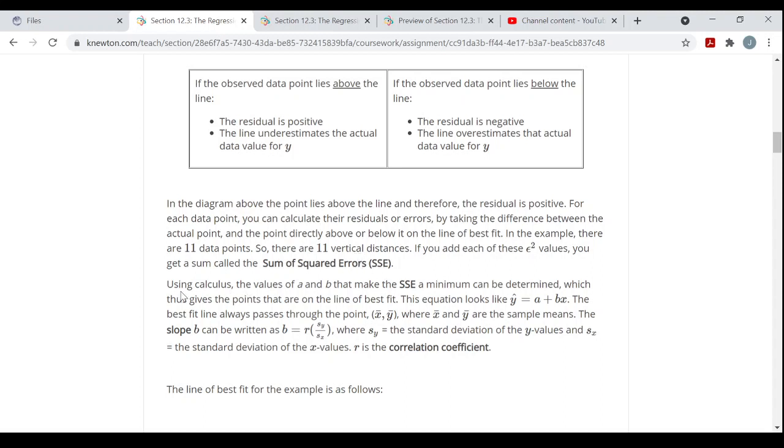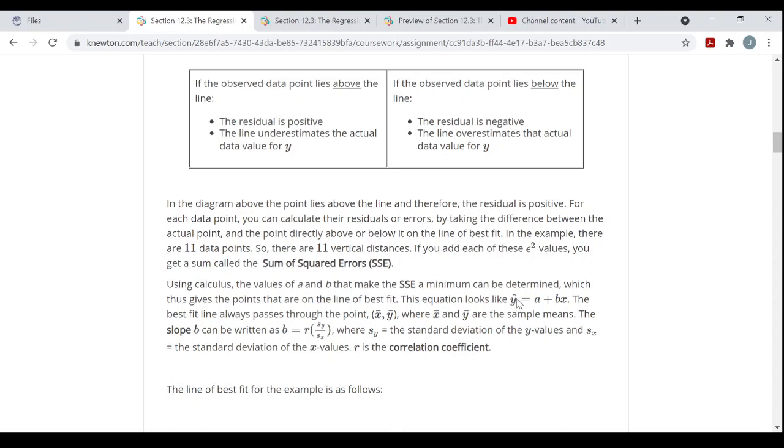Now, we're not going to use calculus. But using calculus, the values of a and b that make the SSE a minimum can be determined, which thus gives the points that are on the line of best fit. Now this equation looks like, again, y hat. Remember, this is the values on the line.